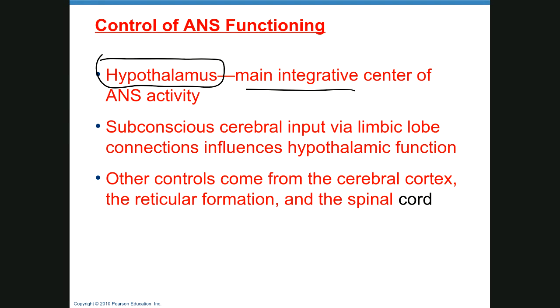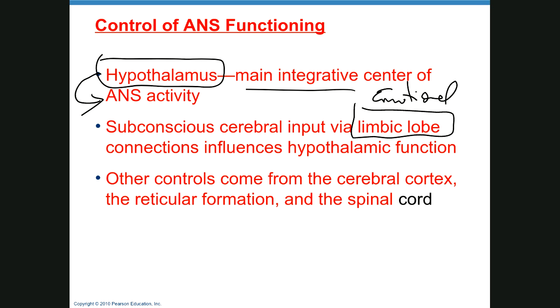So for example, the limbic system, which is the emotional system, influences the hypothalamus, and we're going to get an autonomic nervous system response to emotions. So our heart rate could go up, or blood pressure could go up, due to emotional responses.